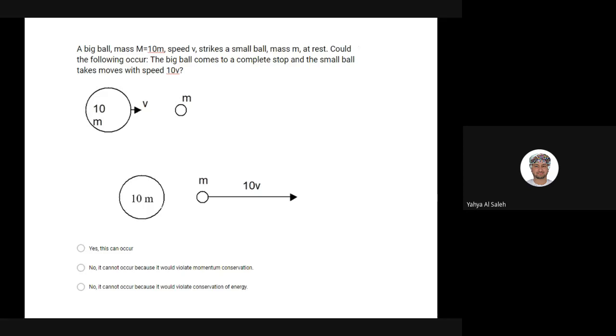Consider both the conservation of momentum and the conservation of energy and see if it works out. Type your answer in the chat box or answer it in the poll. I prefer if you answer it in the poll if you're able to.